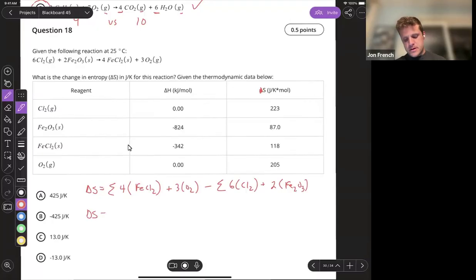So plug in our values: 118 joules per mole Kelvin, 205 joules per mole Kelvin, minus chlorine is 223.